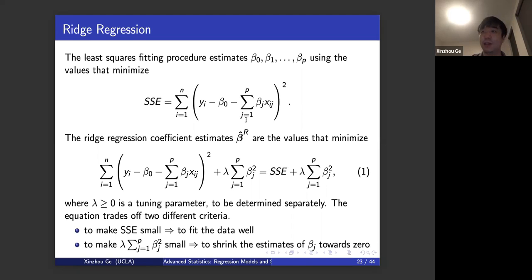This is the sum of squared error from linear regression. The ridge regression coefficient estimates are different from these least squares estimators.